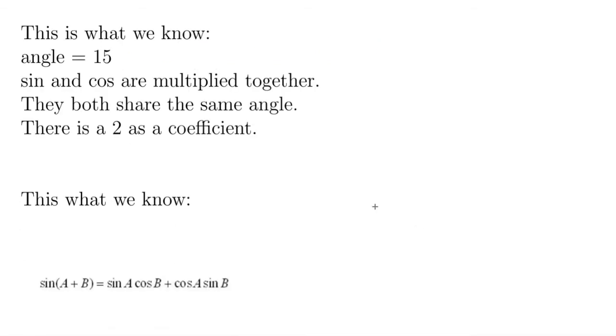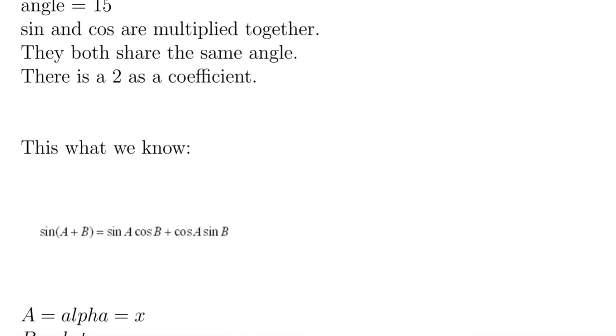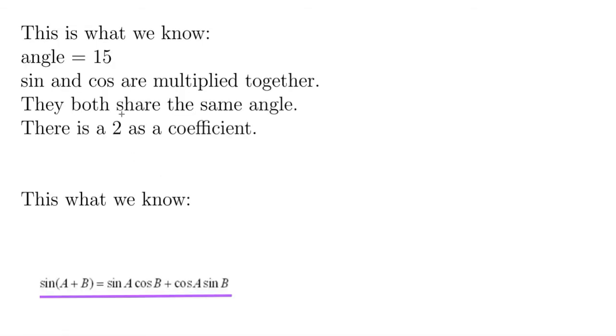Next stage then, what do we know? We know this double angle formula, and in a lot of exams, for example A-levels and IB, it's given. If it is not given, it's not too difficult to memorize, particularly for the sine. It is cos on the outside, cos on the inside, sine on the outside, and these are in alphabetical order. Now, I'm going to look at what we know and see if I can create a connection between these things.